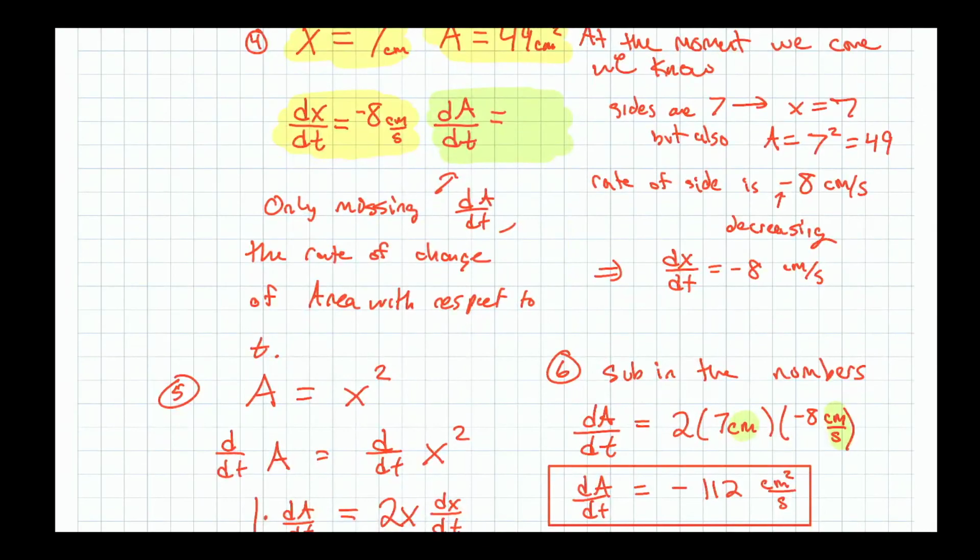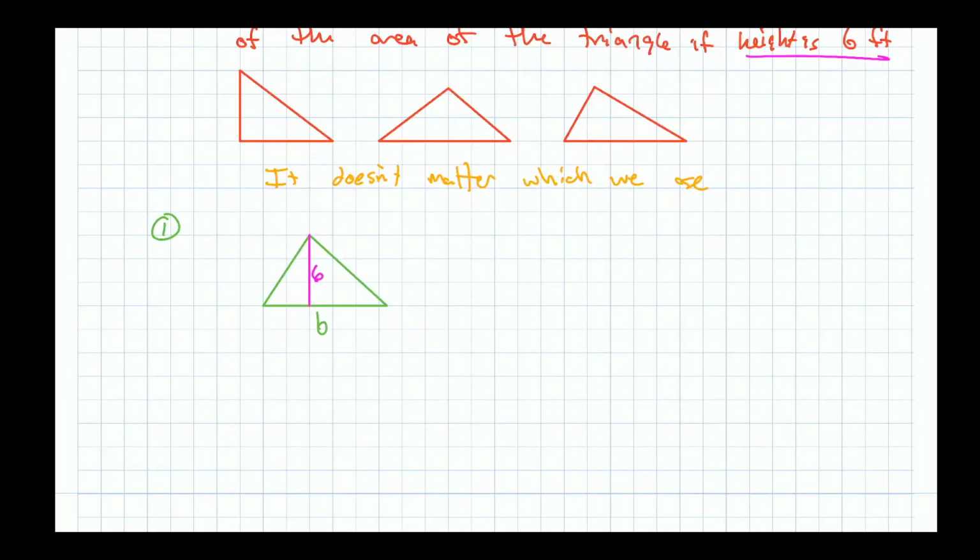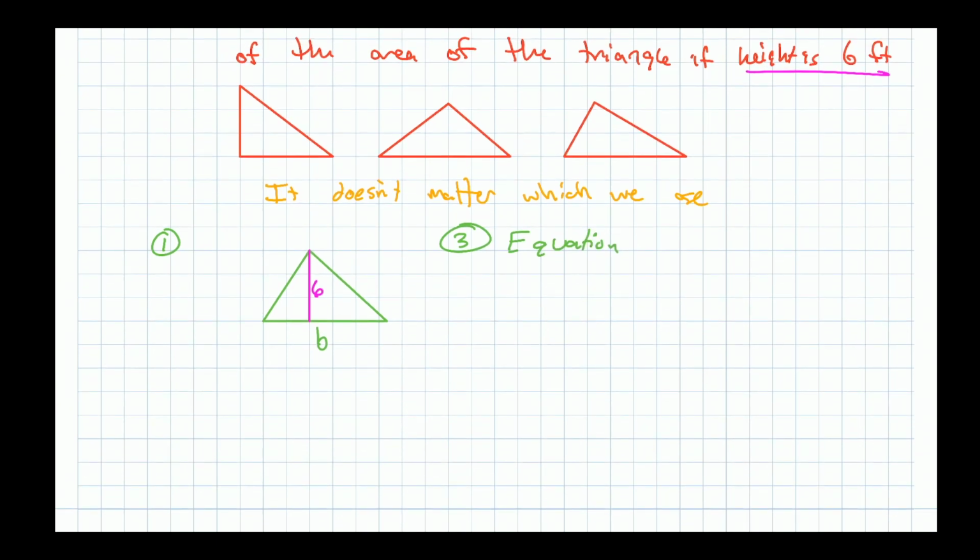So the equation, keep scrolling. So the equation here is going to be, I guess we're on step 3. We're talking about areas of triangles. So area is 1/2 base times height in general, right? But for us, the height is fixed.